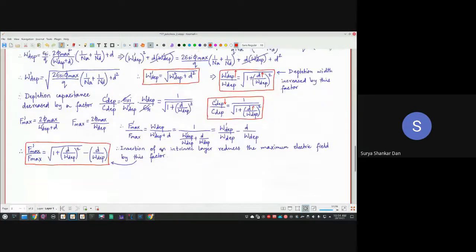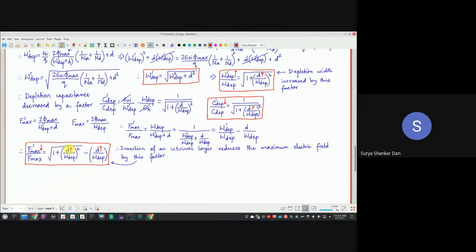Okay. Now, finally, if D increases, okay, clearly you can understand that your F max dash is also going to reduce. So what it means is, suppose if D is very high, something interesting is going to happen.